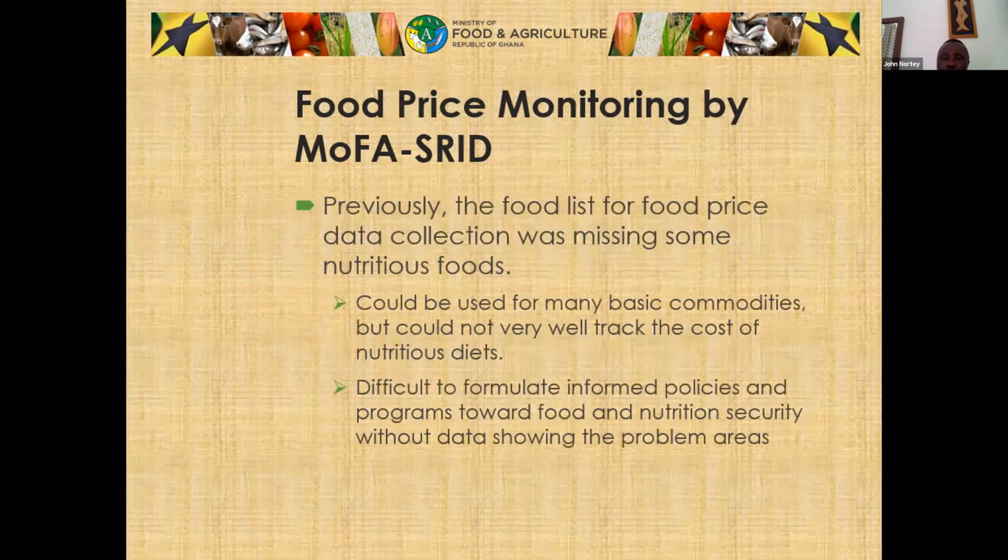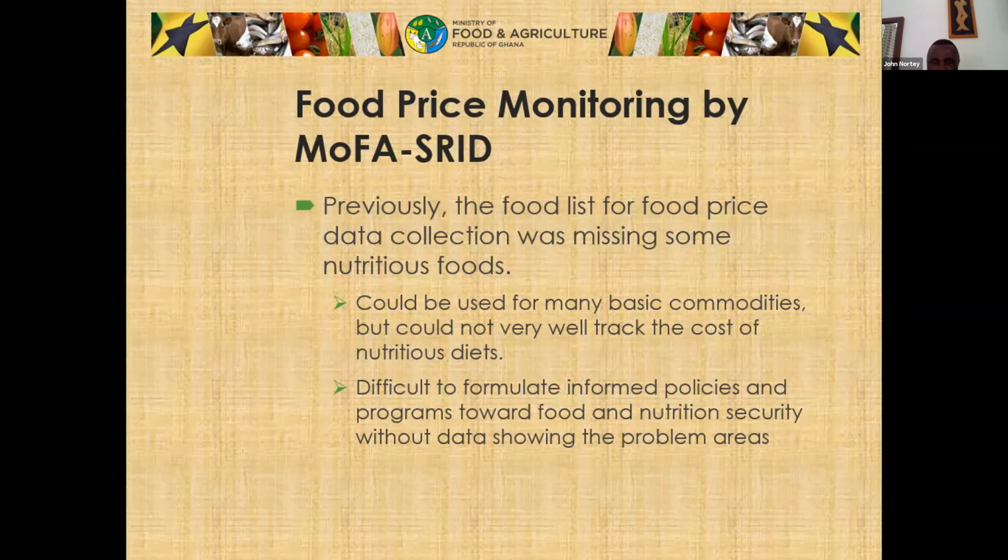Previously, we had a list of foods we were collecting prices for. We were just food security minded. Not much nutrition was factored into the list, because we were interested in tracking the availability of food and cost of food for consumers.